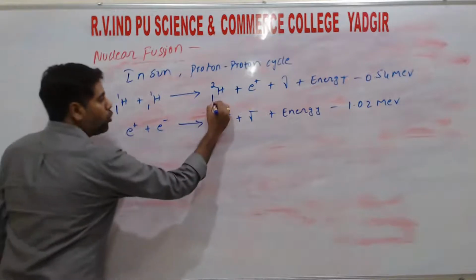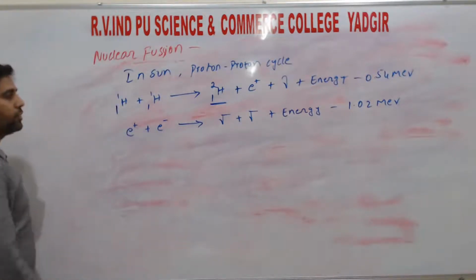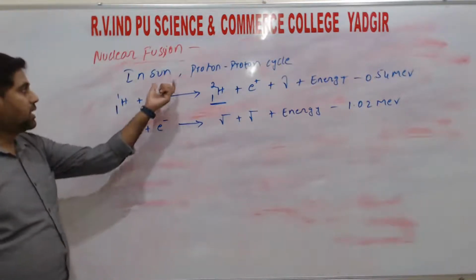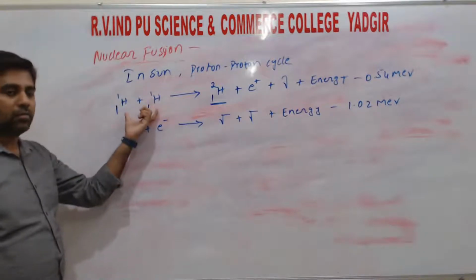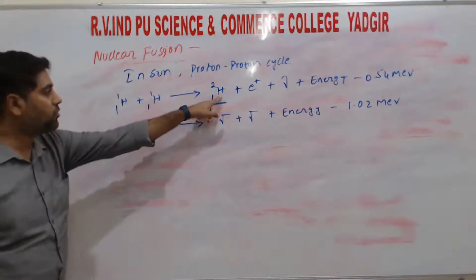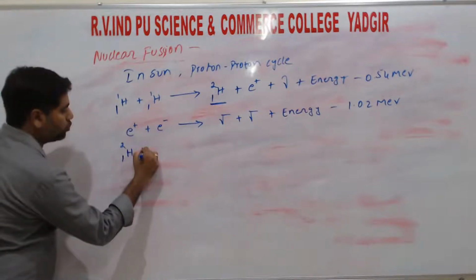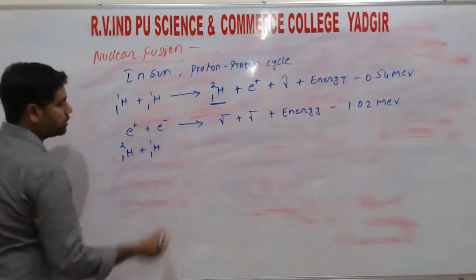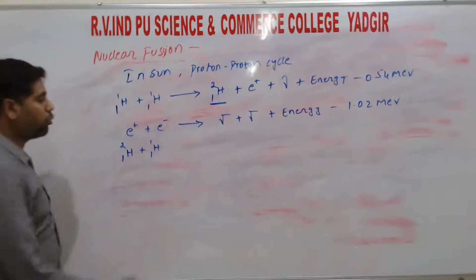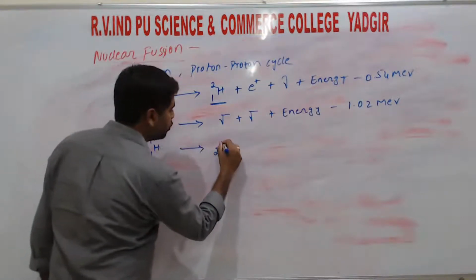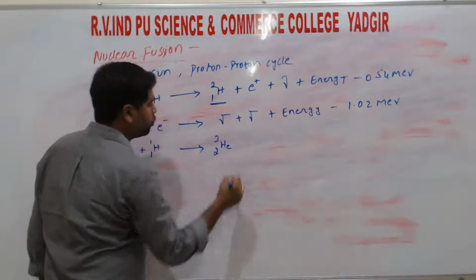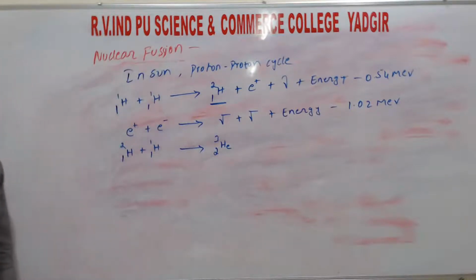So here we obtain the deuteron. In the sun we have a number of hydrogen nuclei. So this deuteron combines with the hydrogen nucleus, that is 1H2 plus 1H1, right? So we obtain an isotope of helium, that is 2He3, right?